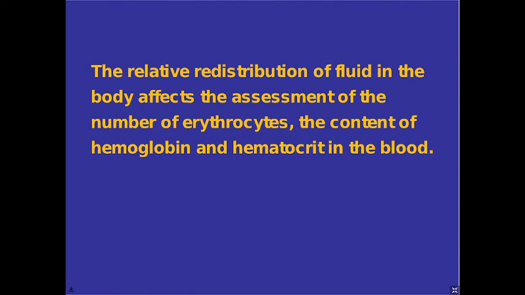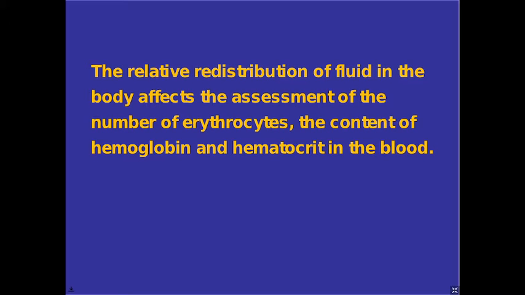The relative distribution of the fluid in the body will have a certain effect on the red blood cell assessment, also on the content of hemoglobin and hematocrit in the blood. Usually, for example, the hematocrit percentages are calculated not with absolute numbers.